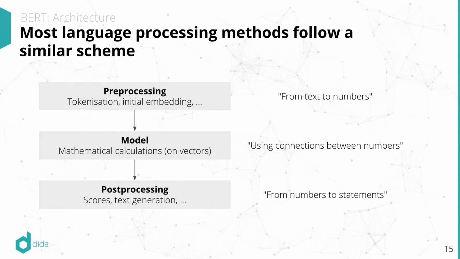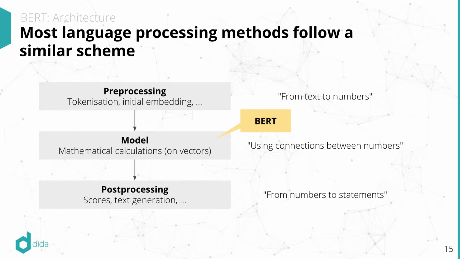And one could describe this step with from text to numbers. The next step is the actual language processing model, which often does some mathematical calculations on vectors. This step could be described as using connections between numbers. And the last step is some kind of post-processing to generate scores or text as a result. This can be described as from numbers to statements.